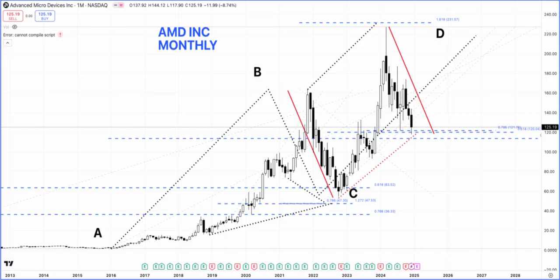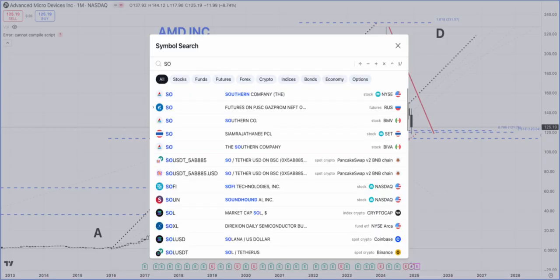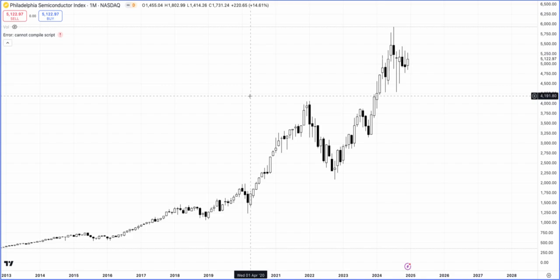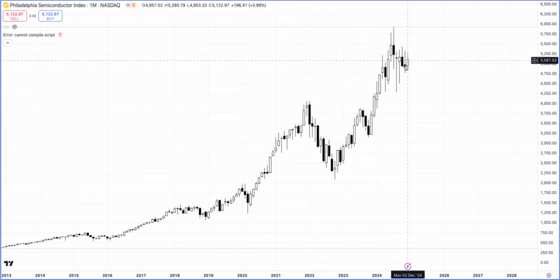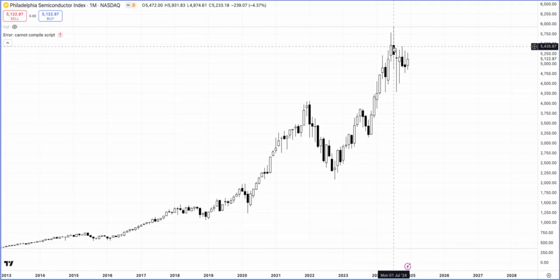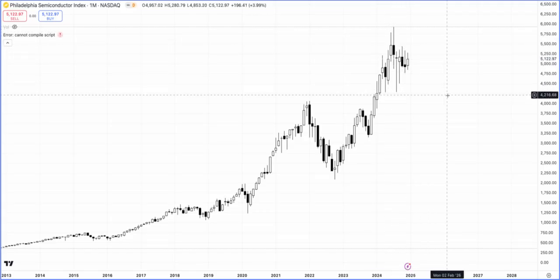So before we start to take a look at the stock, let's actually take a look at the semiconductors in general. AMD is part of it. So we'll take a look at the SOX, which is the Philadelphia Semiconductor Index. You can see that it's just been rising nicely, but ever since July of 2024, it's gone into a trading range.